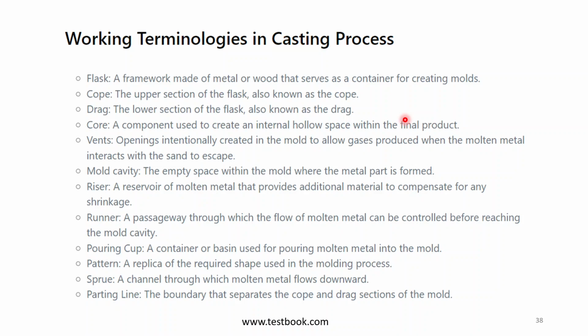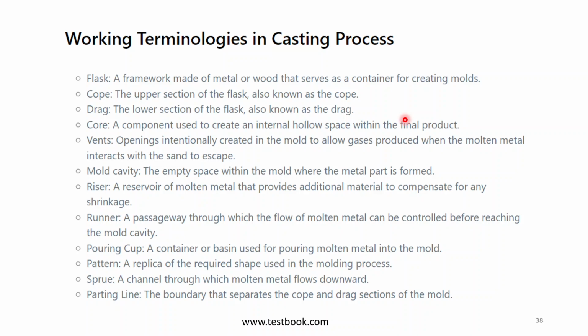Core is the component used to create an internal hollow space within the final product. Vents are openings intentionally created in the mold to allow gases produced when the molten metal interacts with the sand to escape.